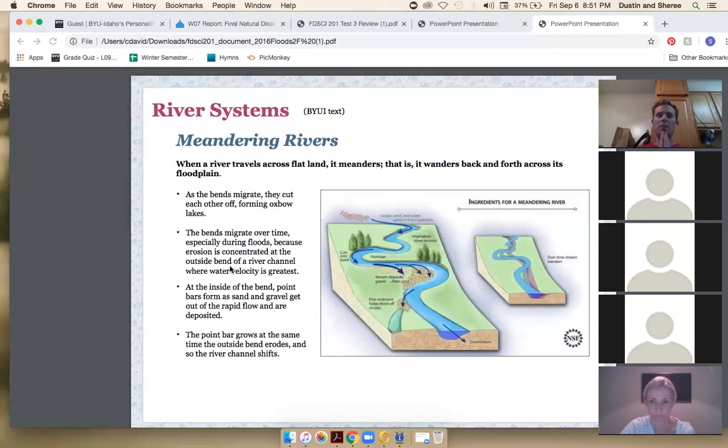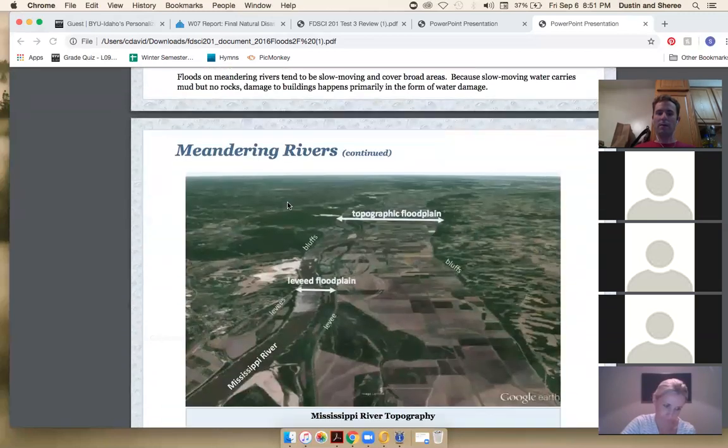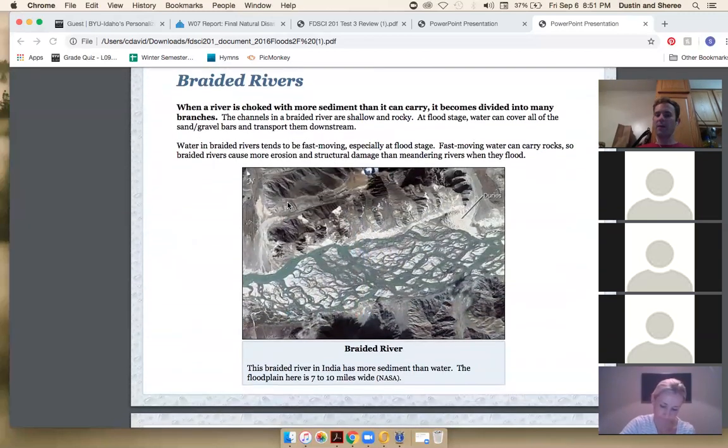But start off with, there's two types of rivers that we talk about, right? There's meandering rivers right here. And down further, we've got braided rivers. And when you look at these pictures, they look very different. And that's because of a few different reasons.